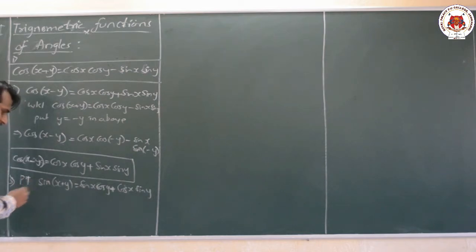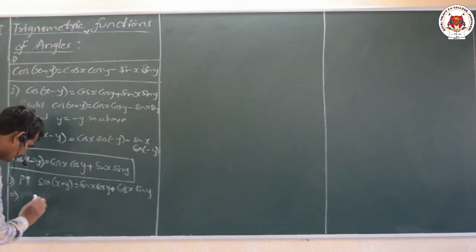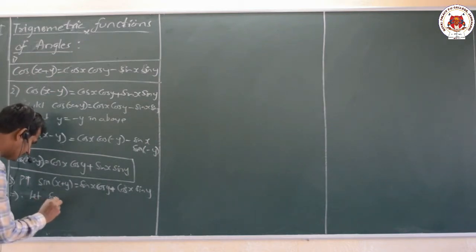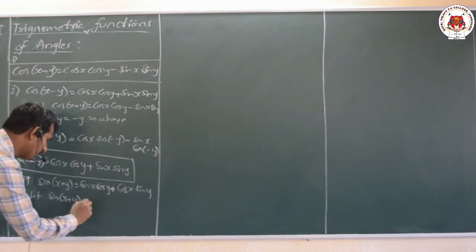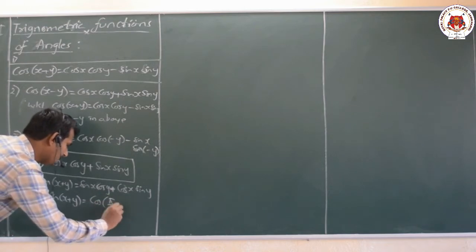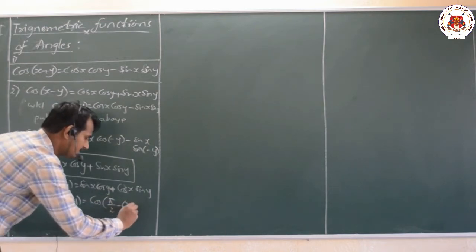We know the formula for cos of x plus y. That means can I write this sine in terms of cos, that is, let sin of x plus y equal cos of pi by 2 minus of x plus y.